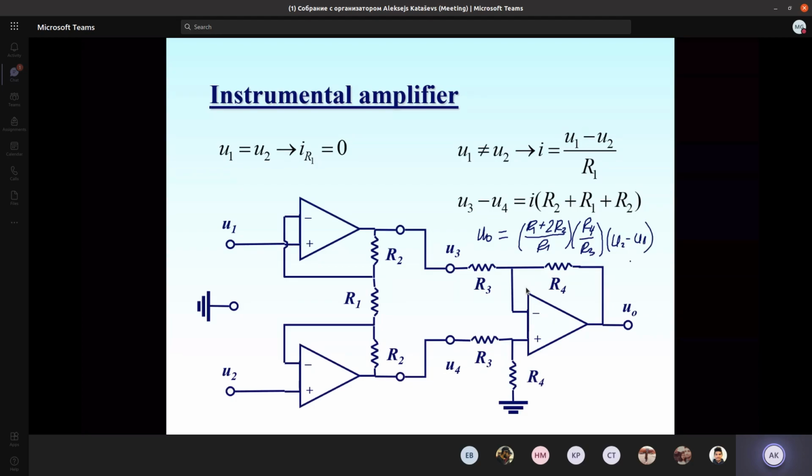So this is a differential amplifier too, because it reacts to the difference. The bottom input, which comes finally to the non-inverting input of the differential amplifier, is the non-inverting input. The upper input is the inverting input, and so the output is proportional to the difference between these two inputs, U2 minus U1. So the gain depends on the selection of both resistors R2 and R1, and R4 and R3.